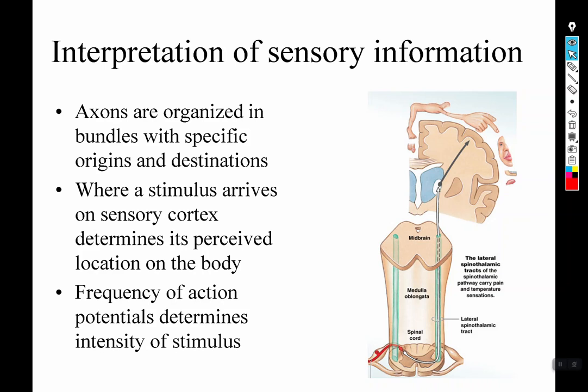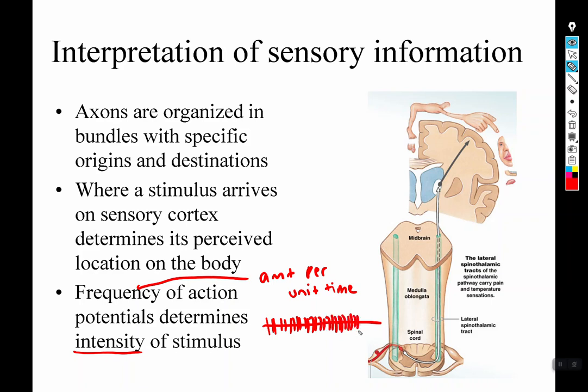The frequency of the action potentials, how many per unit time, is going to determine the intensity of the stimulus. So if I have a really intense stimulus, like something's really cold, the action potentials would be really close together. This is a way we represent action potentials. It's basically crosshatches on a line to show you time, and then each of these represents a spike.